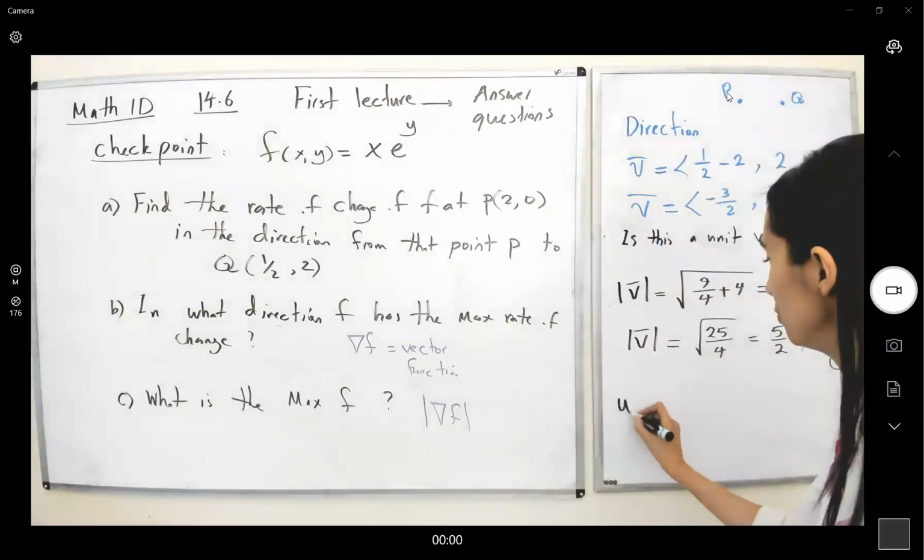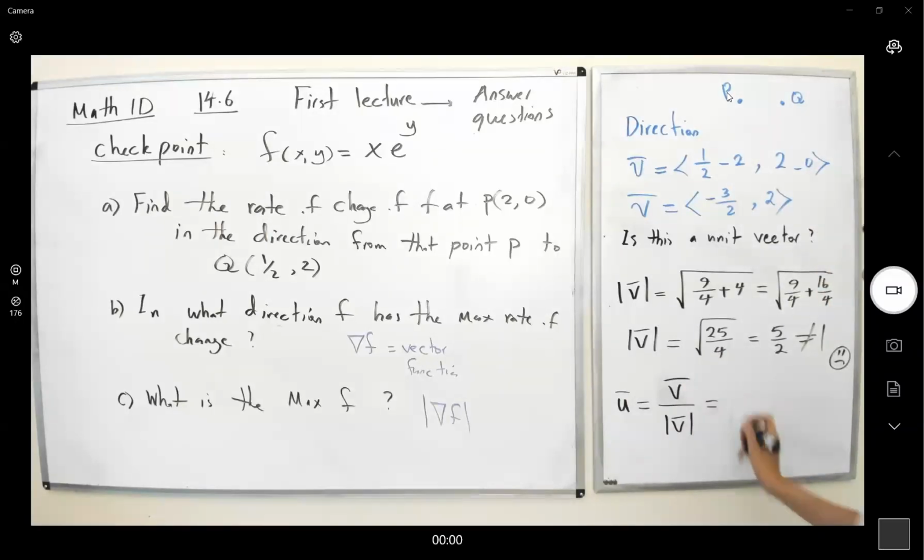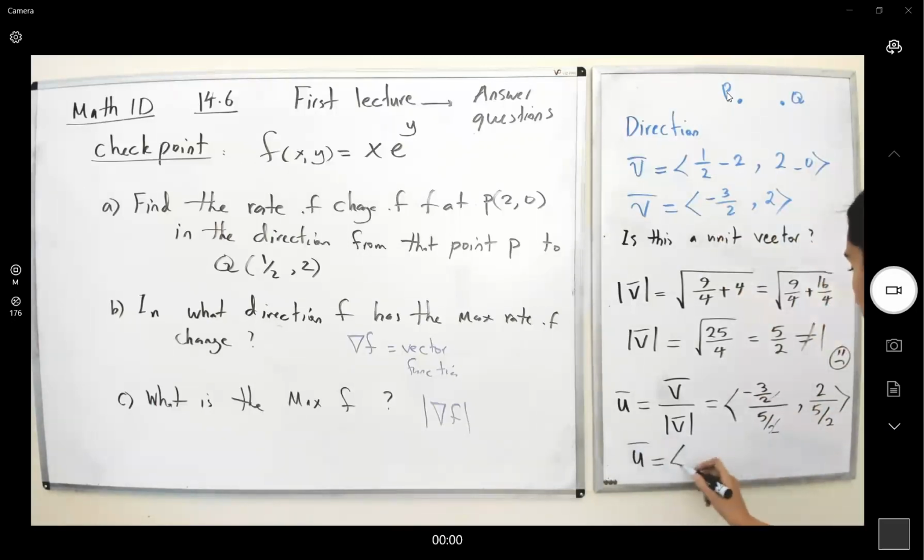So u is equal to vector v divided by its magnitude, which is (-3/2, 2) divided by 5/2. Cancel out 2 and 2, and the second coordinate is 2 divided by 5/2, cancel out 2 and 2, so the unit vector is now (-3/5, 4/5).